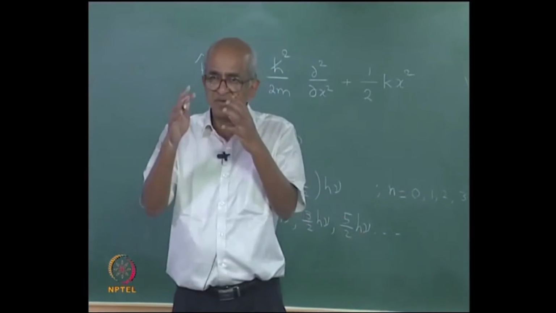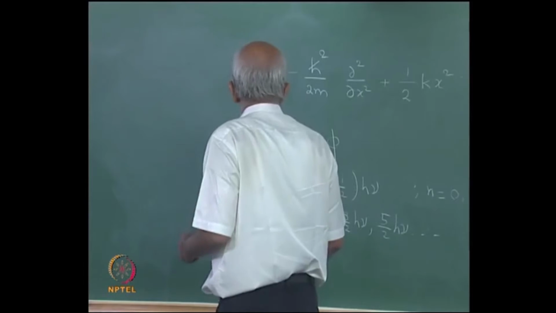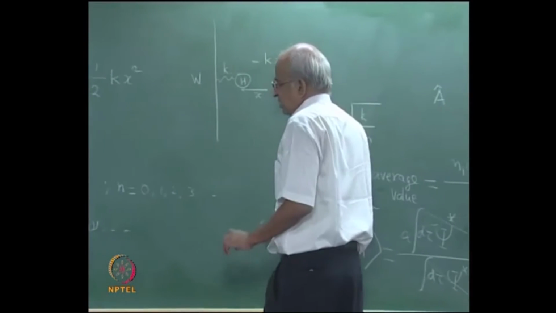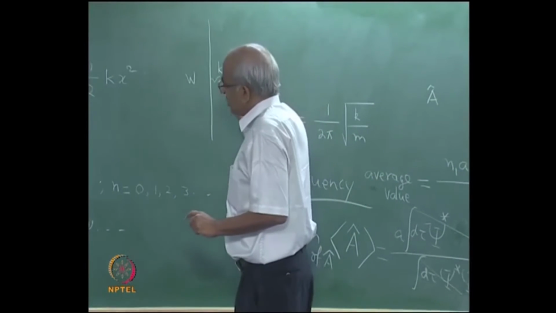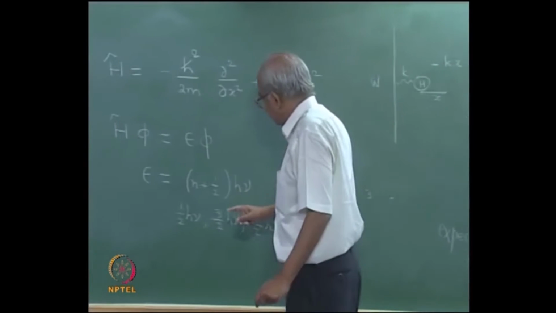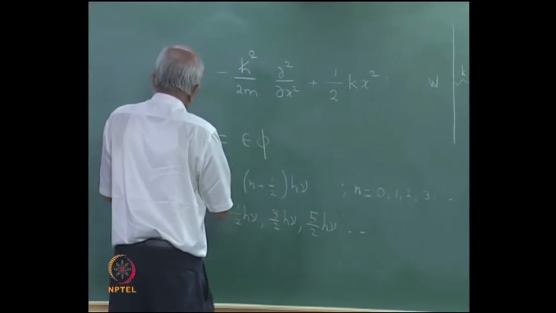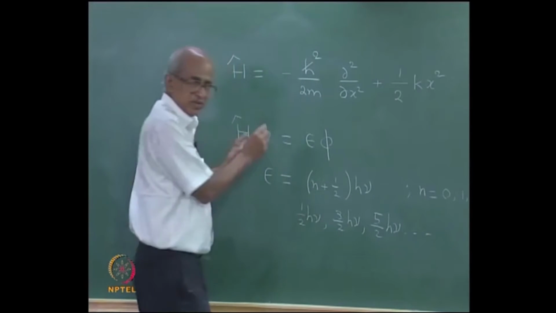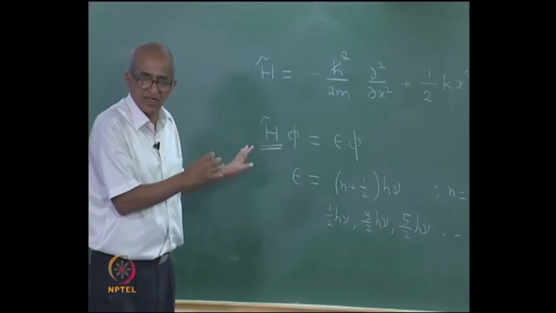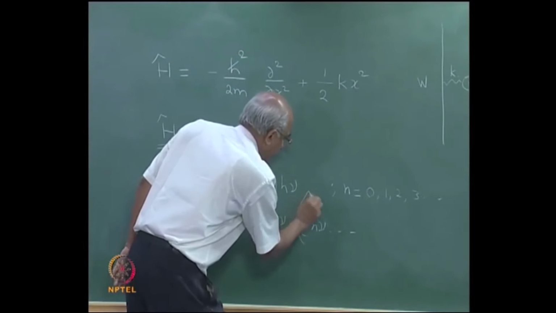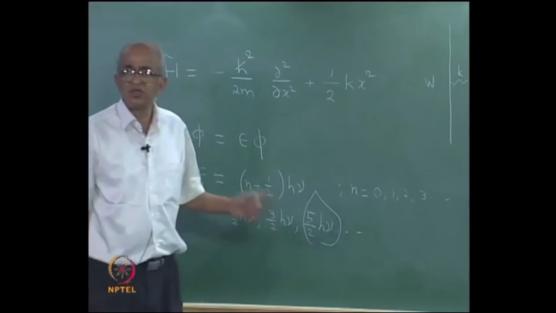So, if you want an illustration, imagine this harmonic oscillator. Imagine that it is in a state which is an eigenfunction of H. Suppose the state function is an eigenfunction of H corresponding to this particular eigenvalue, 1/2 h nu.